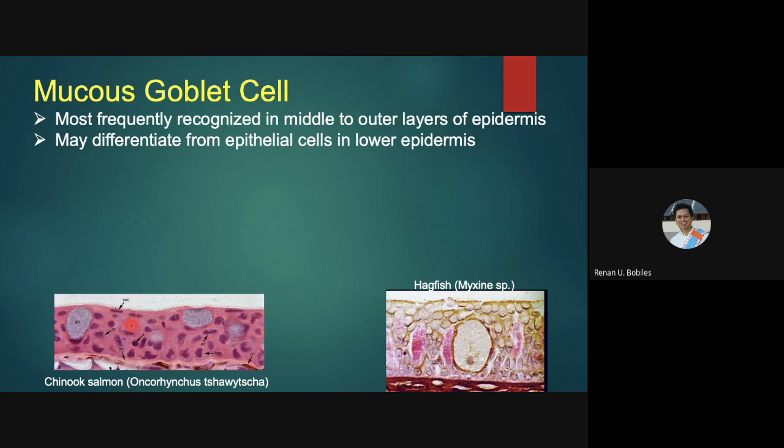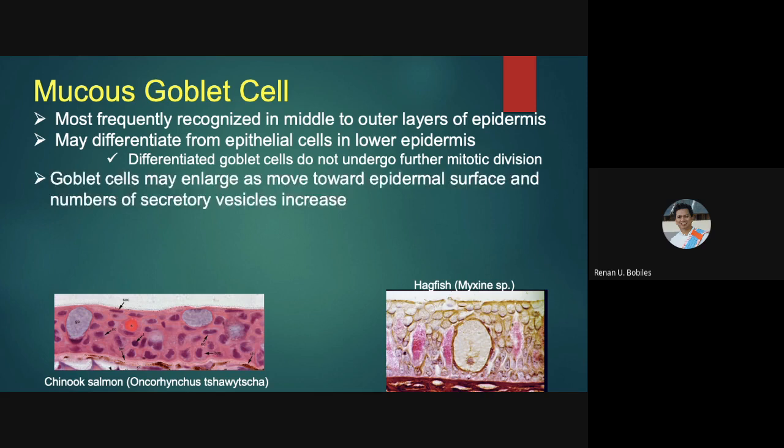Surface covering. The squamous cells undergo differentiation. It is an epithelial cells. It differentiated into mucous goblet cell. It is highly specialized. It performs a specific function. Usually, isa lang na function. Okay? Yan.